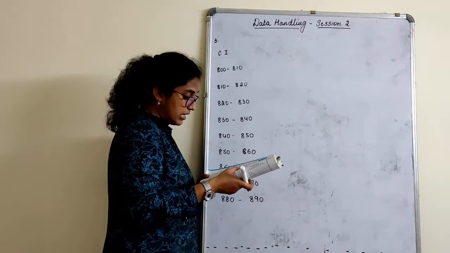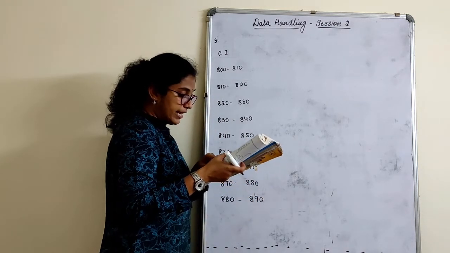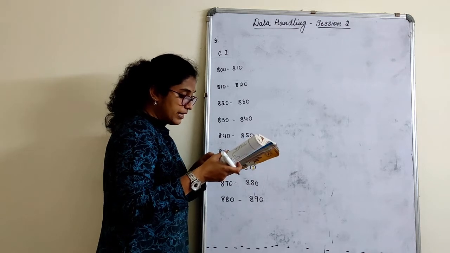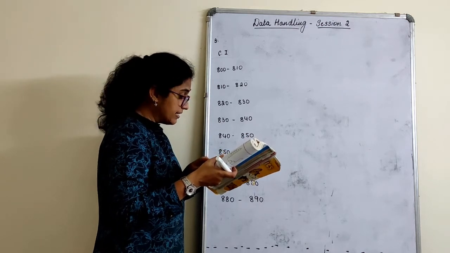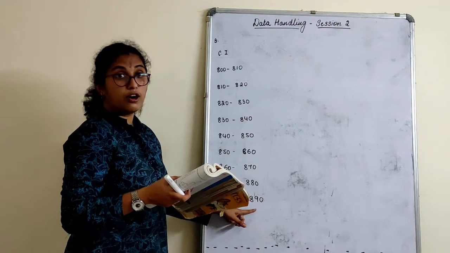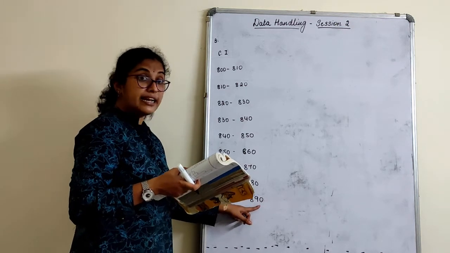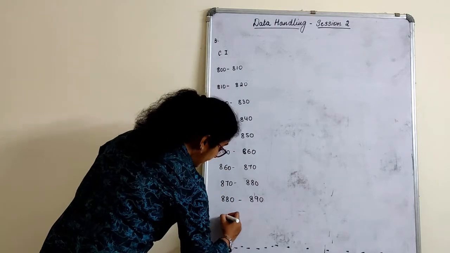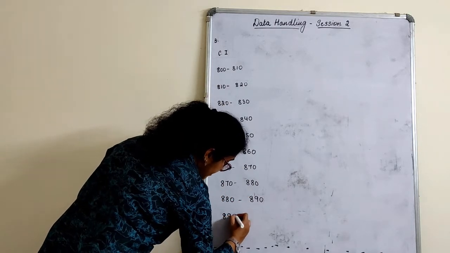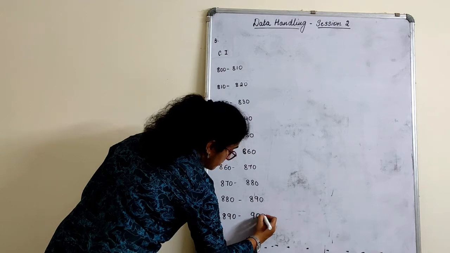Just check if there is any other term beyond 890. So we have here, yeah, if 890 is there, 890 will not fall in this. 890 will fall in the next because here 889 will fall. So I have to take the next as 890 to 900.